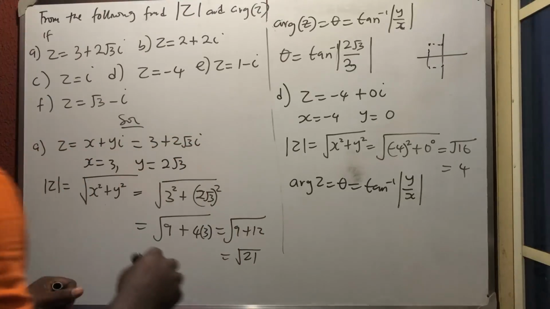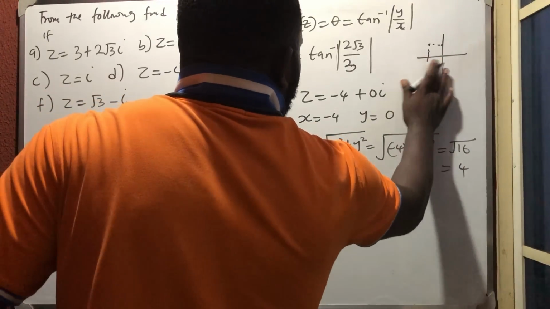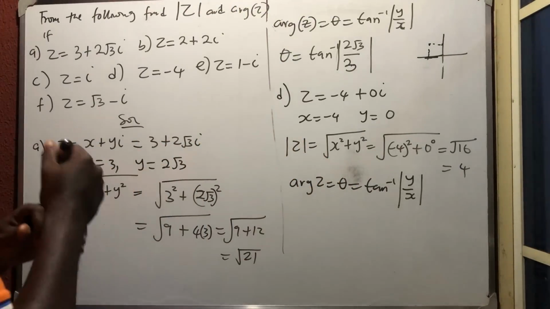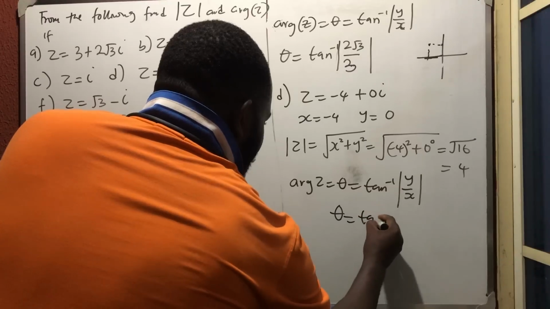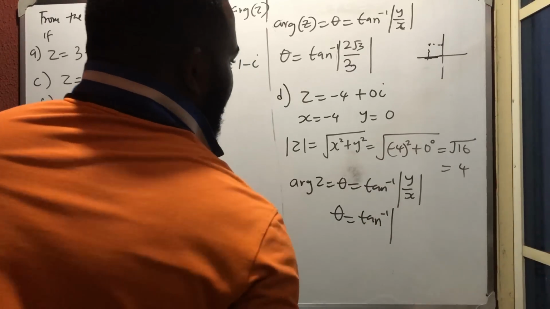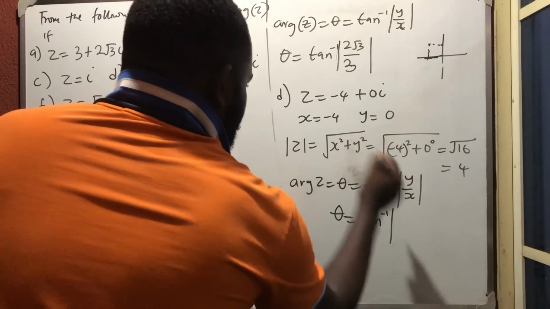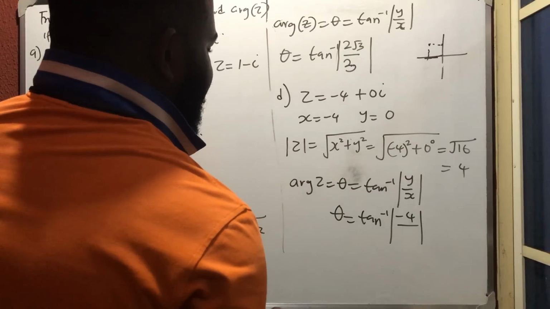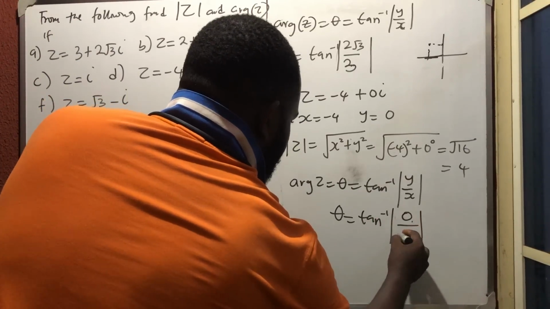Okay, so that is that. In fact, my answer falls on this line. So let us get something. My theta is simply tan inverse of what do we have now? My x is minus 4 and my y is 0, so 0 over minus 4.